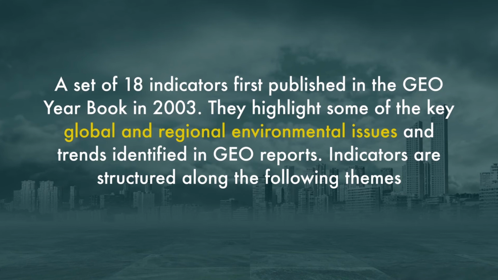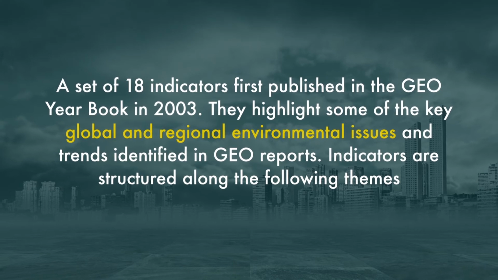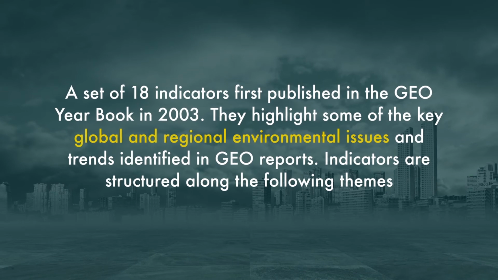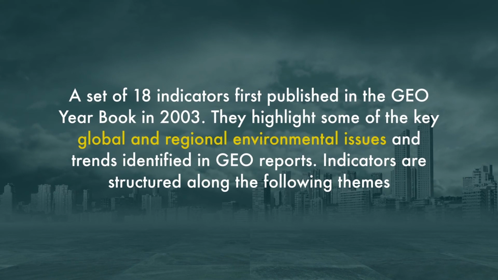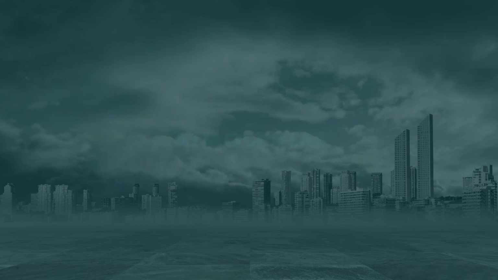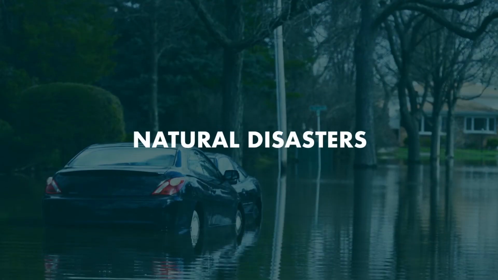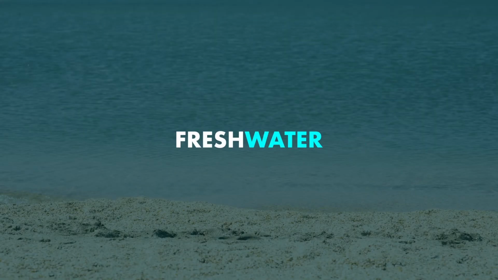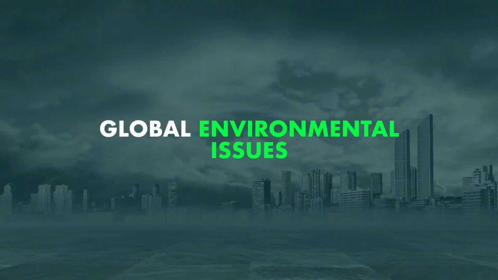They highlight some of the key global and regional environmental issues and the trends identified in GEO reports. The indicators are structured along the themes of atmosphere, natural disaster, forest, biodiversity, coastal and marine areas, freshwater, and global environmental issues.